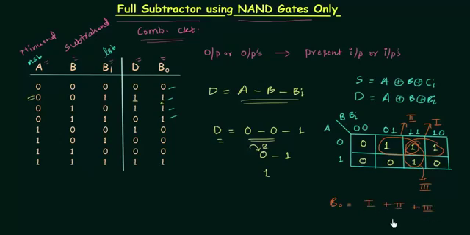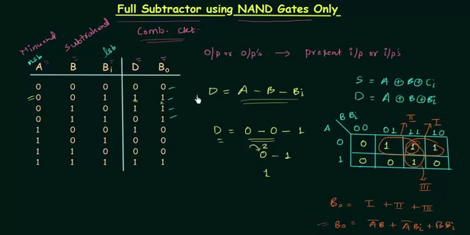The first group will give us A complement B, the second group will give us A complement BI, and the third group will give us B BI. So this is the expression of borrow output, and this expression is the minimized expression.